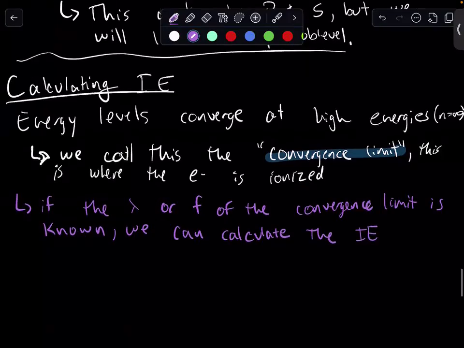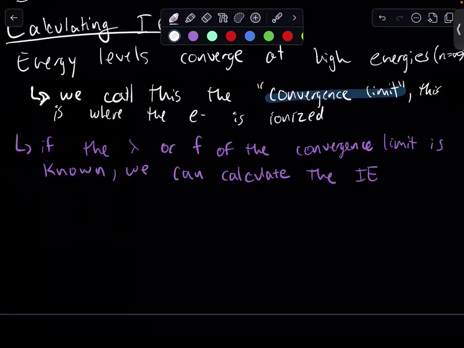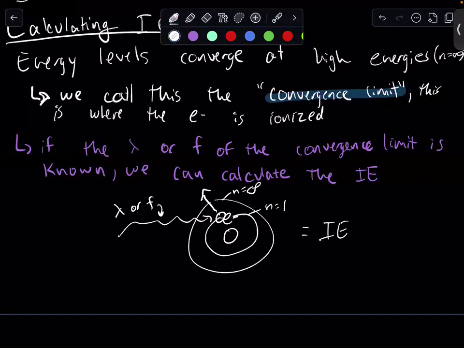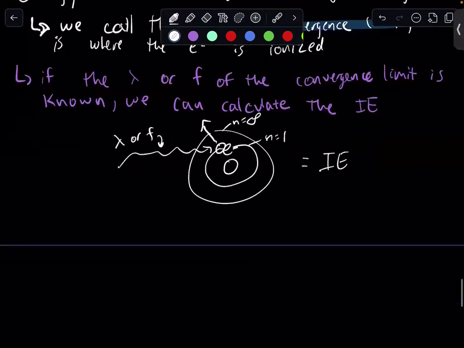So basically what we're saying is if we have some atom with an electron, let's just say there's an electron right here, and some light hits it, boom, and that electron leaves n equals infinity, and we'll say this is n equals 1. If that electron leaves, if we know either the wavelength or frequency of our light, we can determine the ionization energy. So how do we do this?